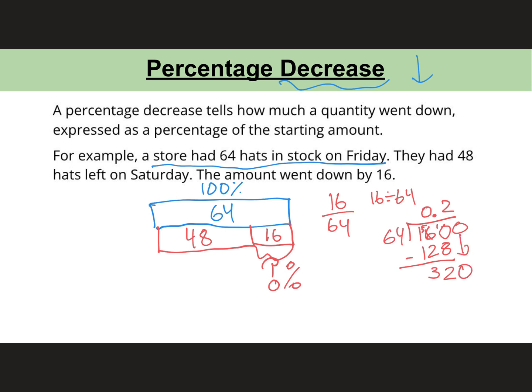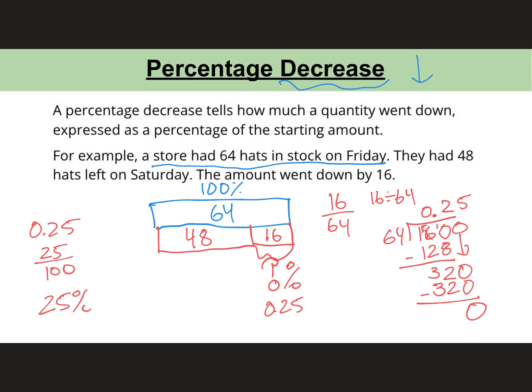And I go again, how many times does 64 fit into 320? And if you do the work, you'll find out that it fits in 5 times perfectly. So the answer here is 0.25. Now what is 0.25? 0.25 is the same as 25 hundredths, and it's the same as 25%, because remember, percent means per 100.